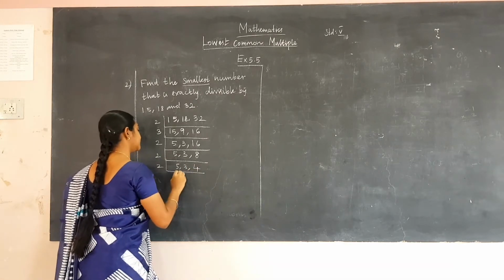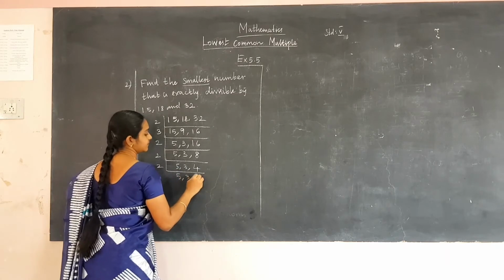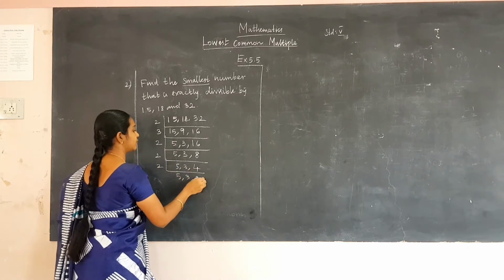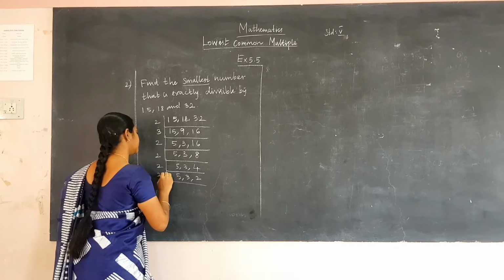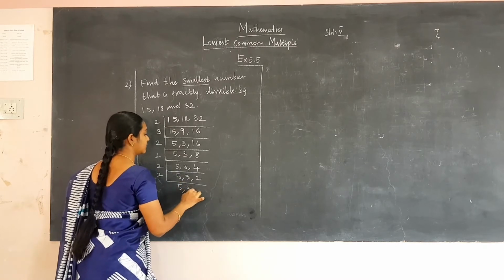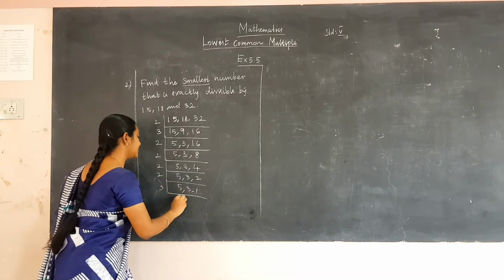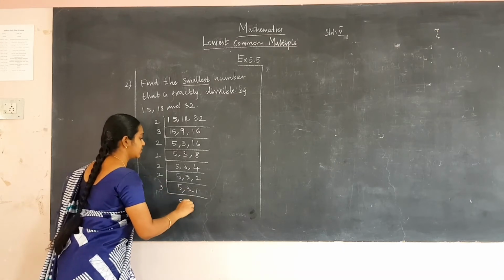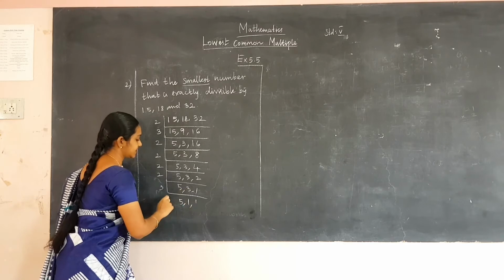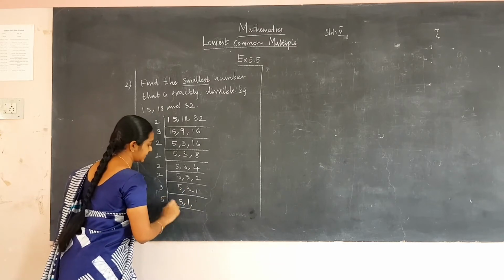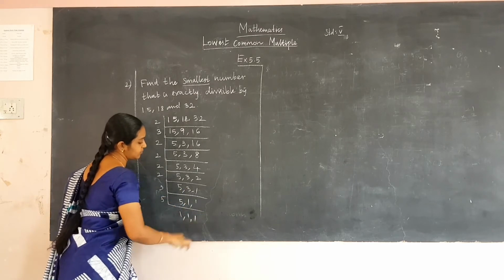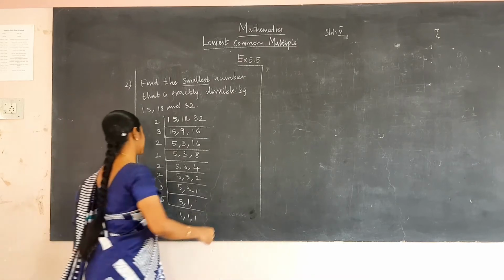Again divide it with 2. 2 2s are 4. Again divide with 2. 1. Now divide it with 3. Keep 5 as it is. 1 and 1. 1 3 is 3. Next divide it with 5. 1 comma 1 comma 1.